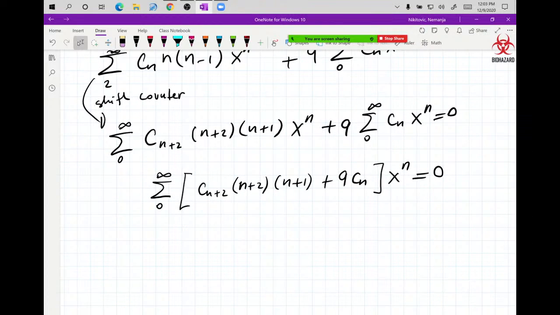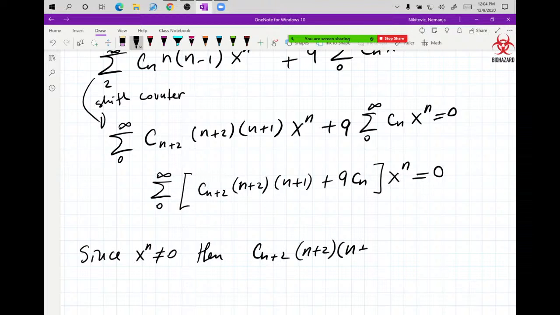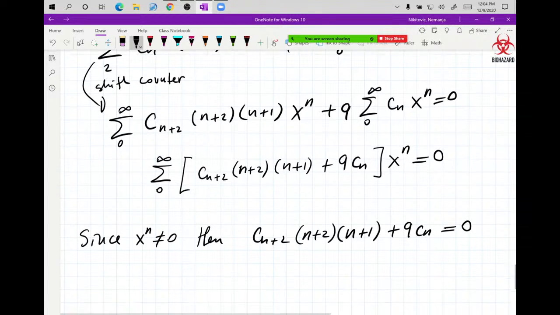Now since x to the n cannot be 0, then Cn plus 2, n plus 2, n plus 1 plus 9 Cn must be equal to 0.